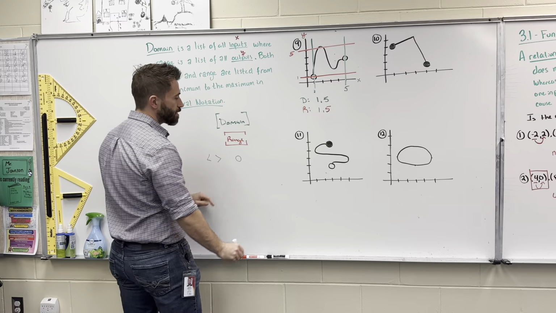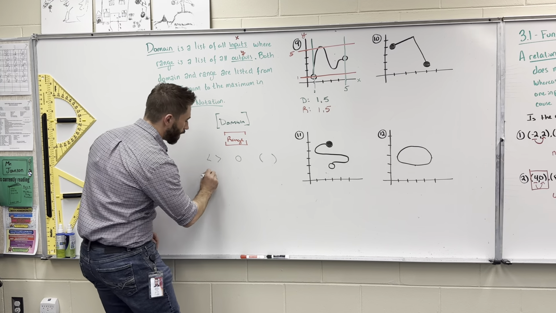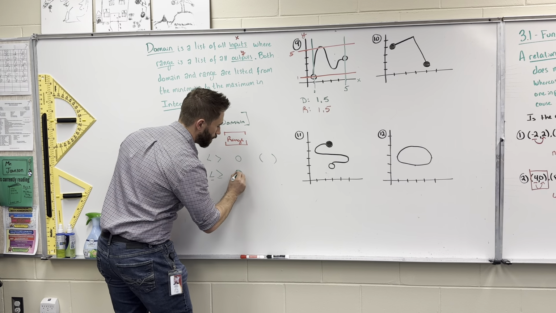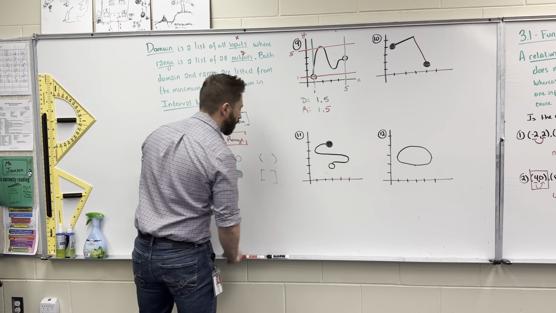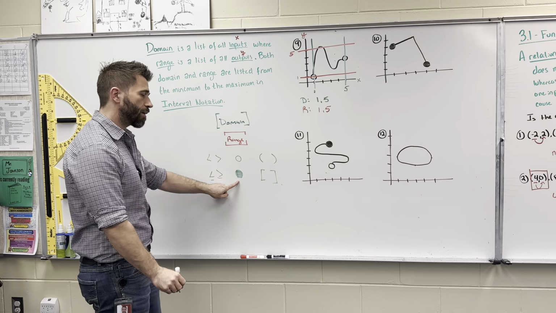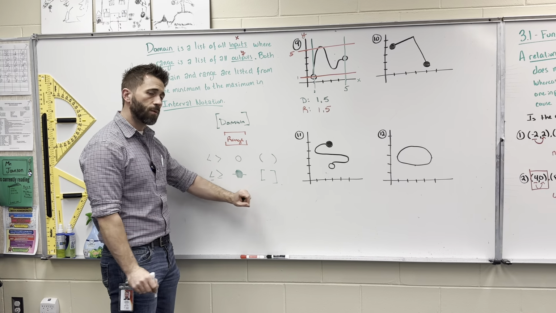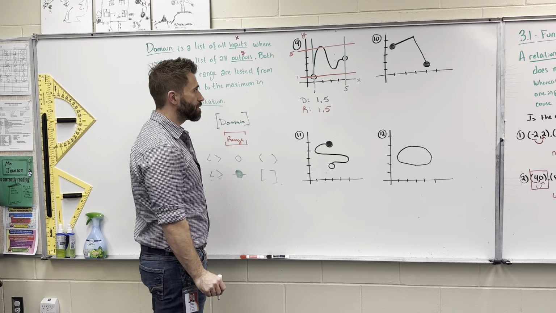Well, symbols like this would also show parentheses around my point. Whereas if I had something where there was an equal to, I would take my circle and I would fill it in. That would give me brackets. So again, I'm going to relate closed circles or parts of the line because they're included with brackets. I'm going to include open circles because they're not part of the line with parentheses.